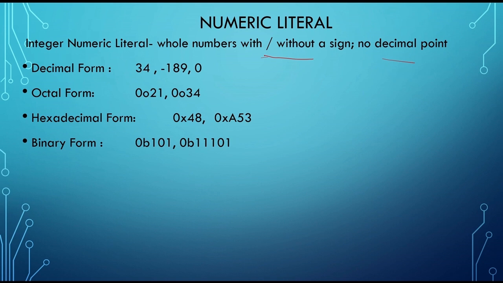In a decimal form notation, just the value is to be represented, but in an octal notation form, the value has to be preceded by a 0O, and in hexadecimal form it has to be preceded by a 0x. In a binary form it has to be preceded by a 0b. When you use one of these notations in your Python expression, it will automatically be converted into a decimal notation.